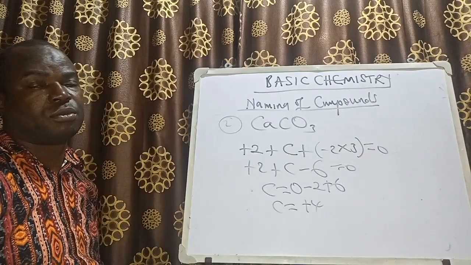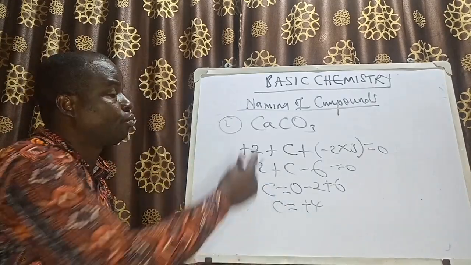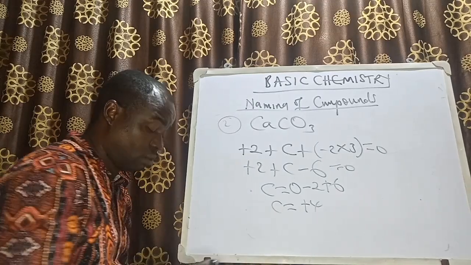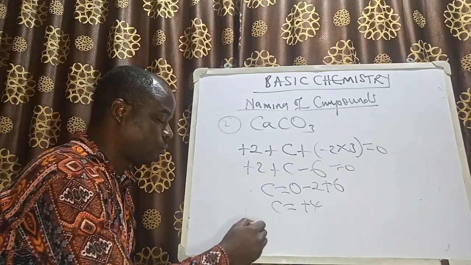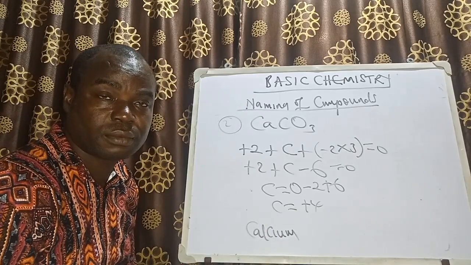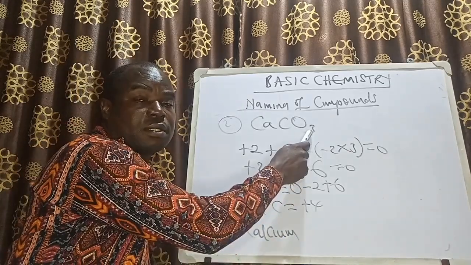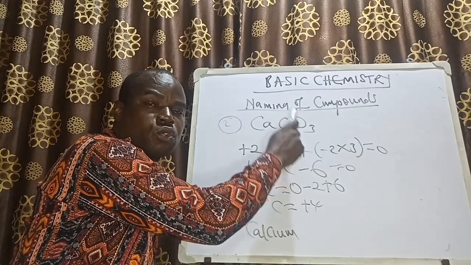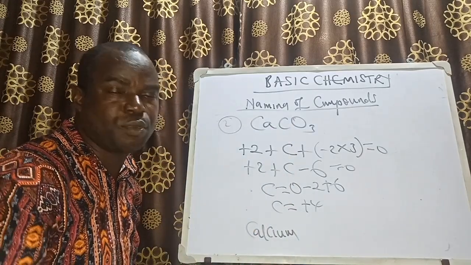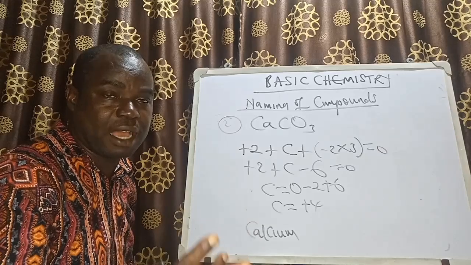Now, what will be the name? Like we did in the other example, the first element comes down. Calcium. Okay. Now, what is this? Trioxocarbonate. Trioxocarbonate. O means 3, 3 means tri.